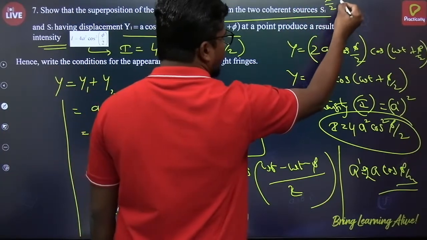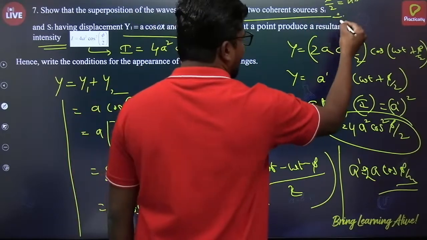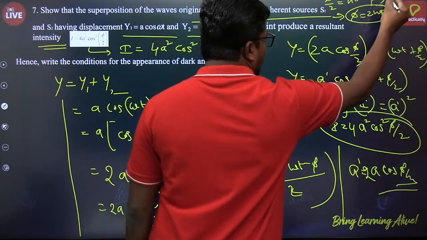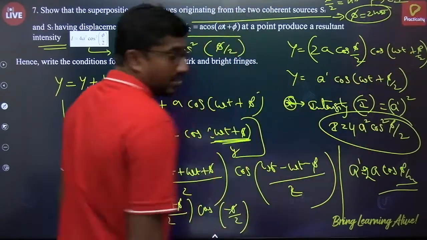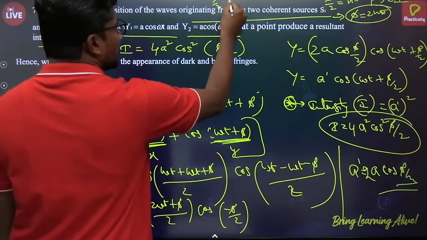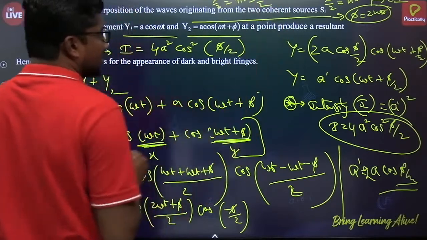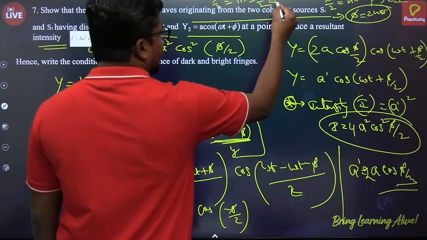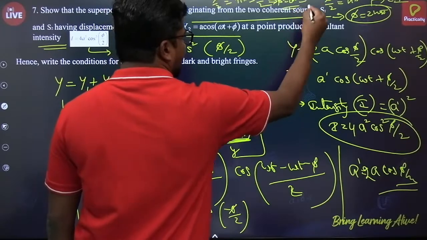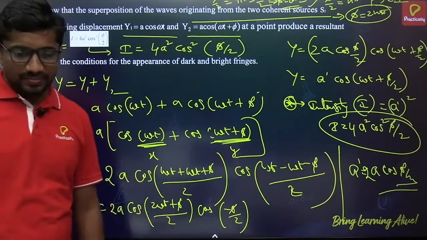When phi by 2 is equal to n pi, that means when phi is 2n pi, then constructive interference will occur. Similarly, when phi by 2 is equal to n pi plus or minus pi by 2, destructive interference will occur. That means phi is equal to 2n pi plus or minus pi. So these are the conditions for the occurrence of the dark and bright fringes.